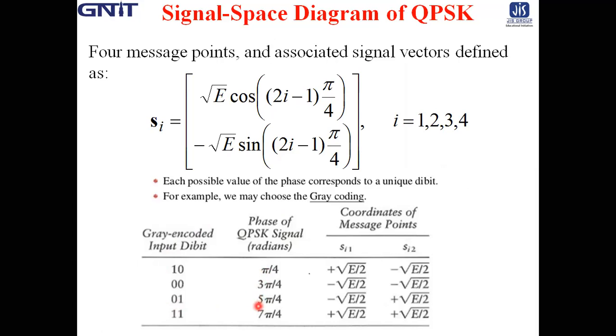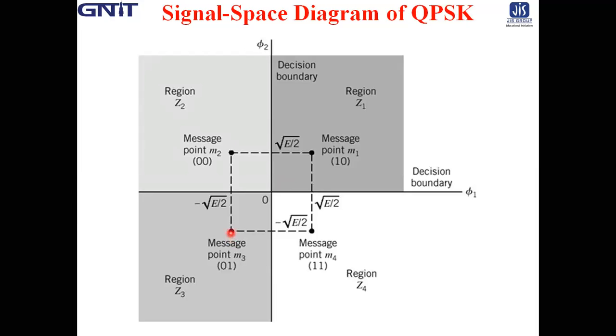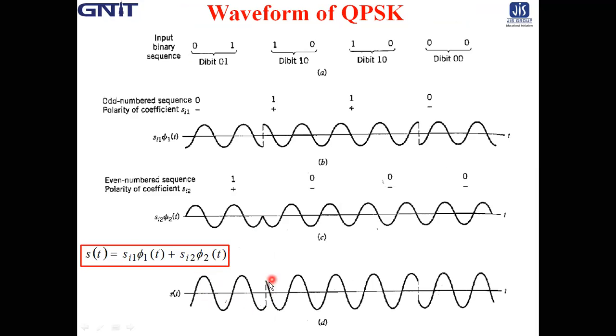Because here it is 45 degrees, then 45, 90 degrees, and again 90 degrees, so the total is 180 degrees. So from 01 to 10, there is a phase shift of 180 degrees.